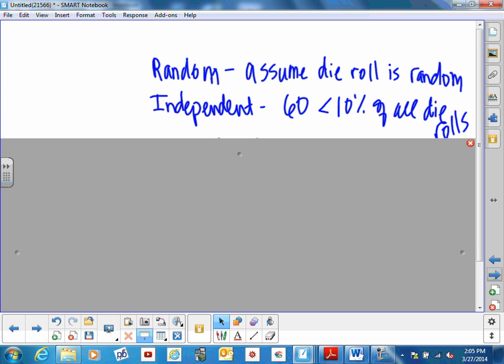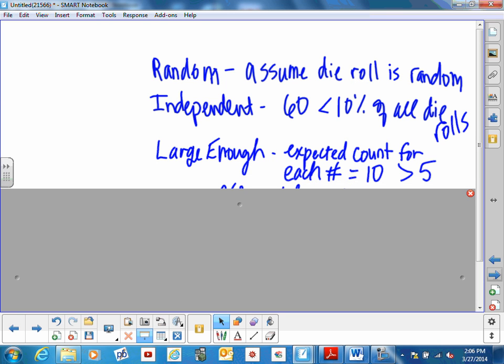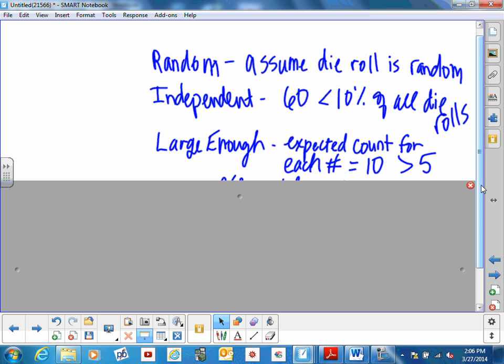You had to do your percent of success times the total, because that gave you what was expected. The key is that your expected value, what you expect to happen for each category, has to be greater than 5. In the first problem up at the top, you told me that the expected was 10. So here, expected counts for each number is 10, which is greater than 5.